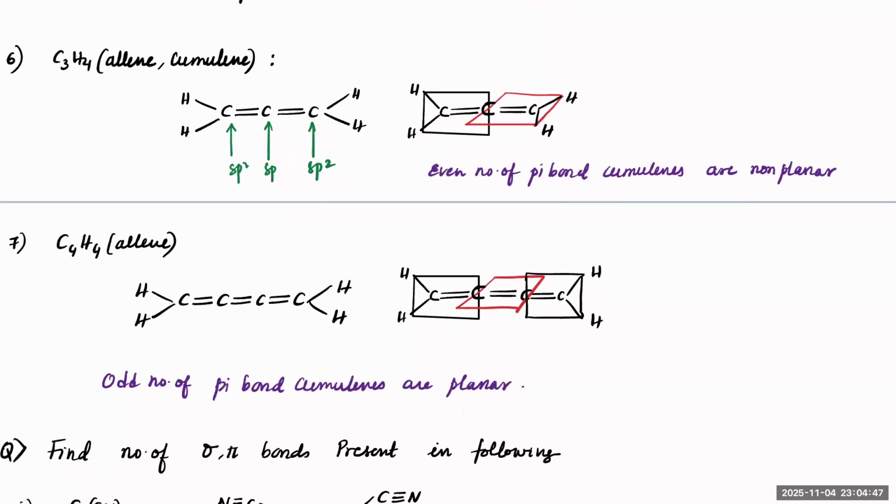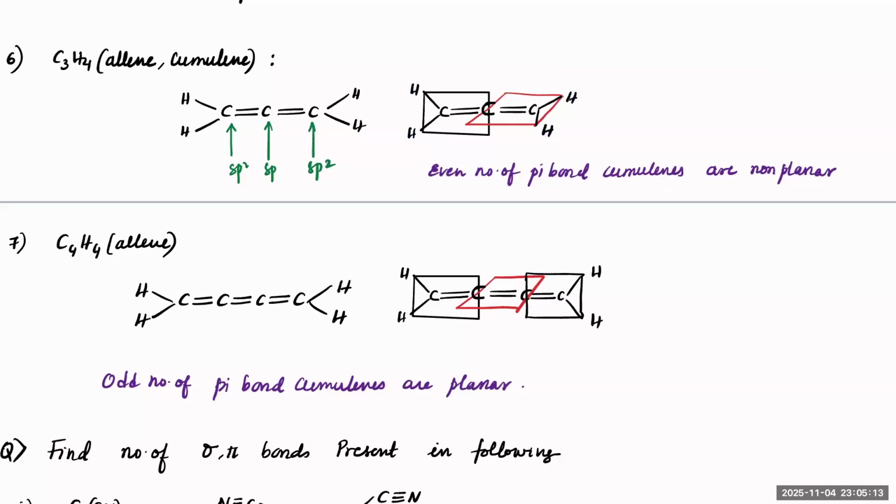In cumulenes, one very important thing you need to realize is that the pi bond which this carbon makes here will make a perpendicular pi bond there. So these two pi bonds will always be perpendicular to each other. You can see the pi bond plane is here, the other pi bond plane is here. So that's why these two hydrogens and these two hydrogens will not be on the same plane.